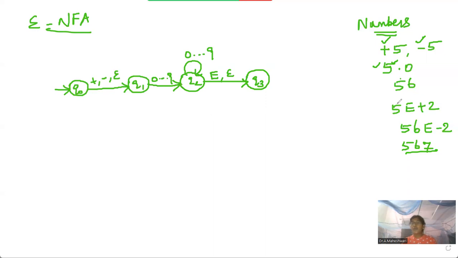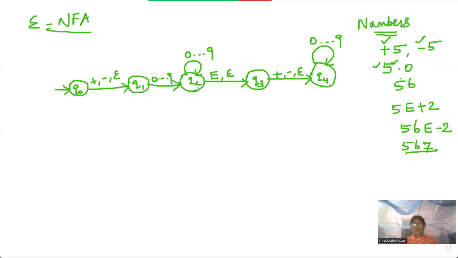After recognizing this 5, it will consider the E symbol or it won't. That is key. Followed by plus or minus, so again plus symbol, minus symbol or empty string. Q4. I think I can close here. After this plus or minus we have digits, so I can use a self loop here, 0 to 9.